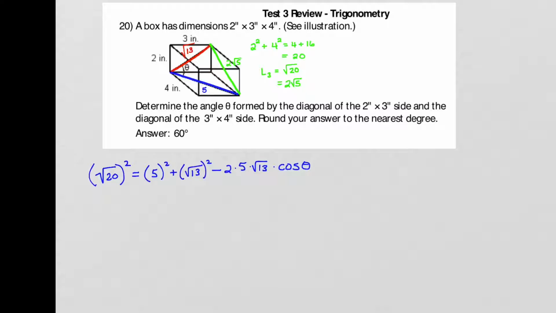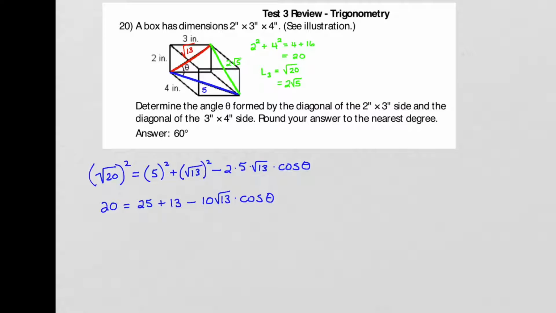So now I only have one unknown in this formula, and I can solve for theta. Square root of 20 squared gives me 20. 5 squared is 25. Square root of 13 squared is 13. Minus 2 times 5, which is 10, times the square root of 13, times the cosine of theta.